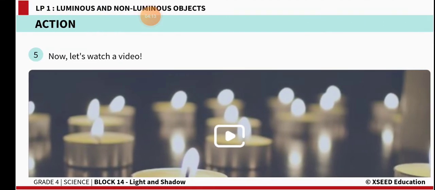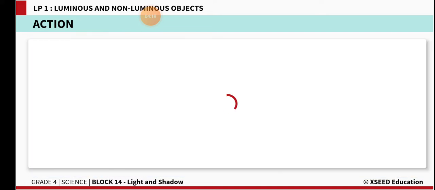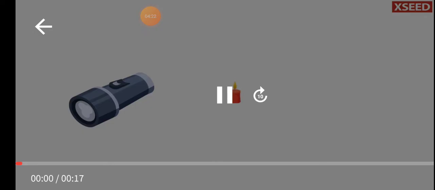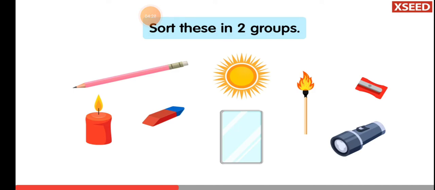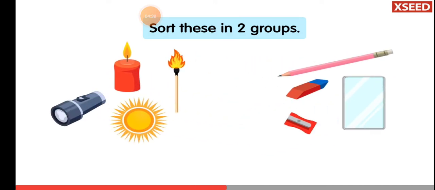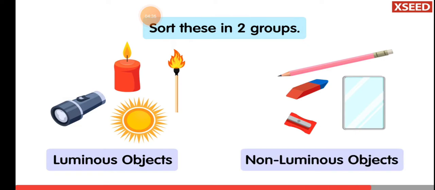Now, to understand more about this lesson, please watch the video. Some objects give out their own light. Objects can be sorted in two groups, the ones that give out their own light and the ones that don't.